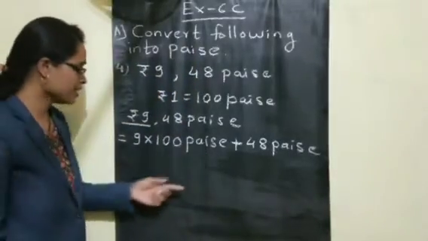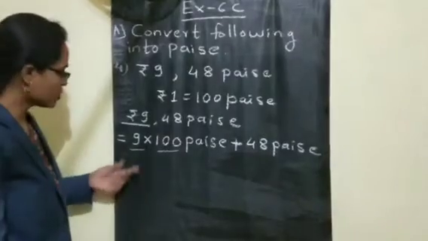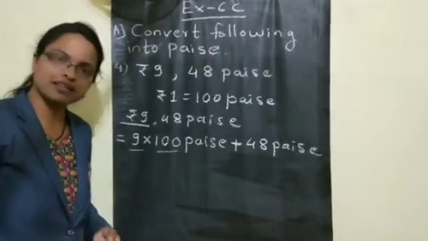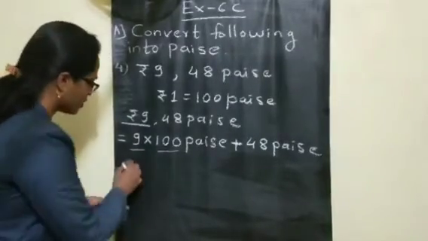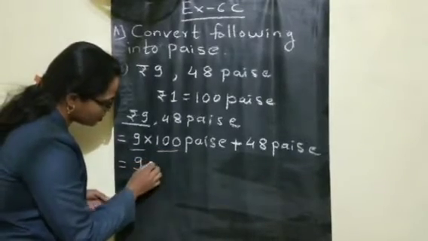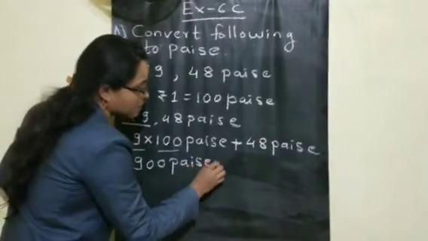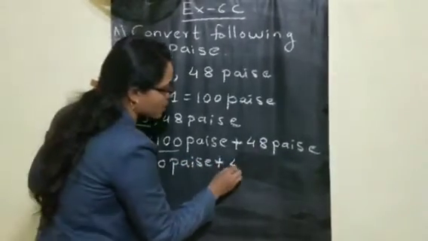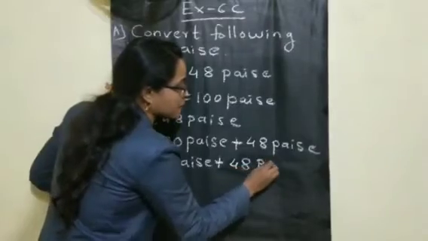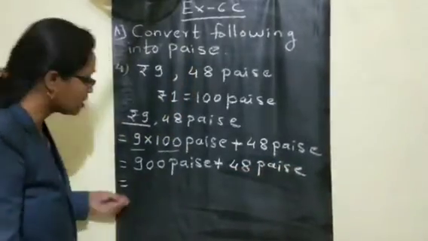After writing, our first part is to multiply this number. So 9 multiplied by 100, 900. So 9 ones are 9, so 900 paise plus extra 48 paise.